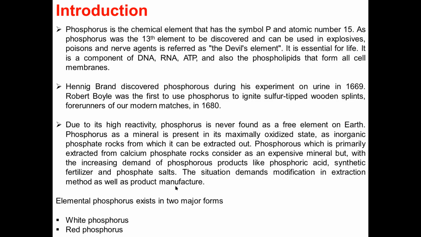Both are highly ignitable. Even at 30 to 35 degrees they spontaneously ignite. You don't even have to give any ignition source. If you keep white phosphorus in the open atmosphere and the temperature reaches 30 to 35 degrees Celsius, it starts to ignite. So that is why phosphorus is never found as a free element, but in the form of inorganic salts.